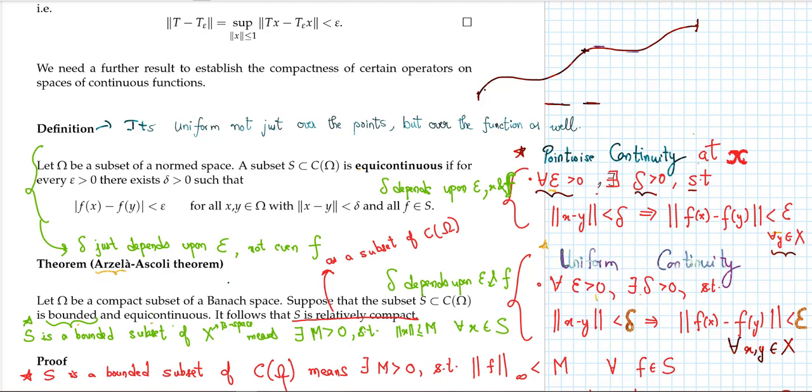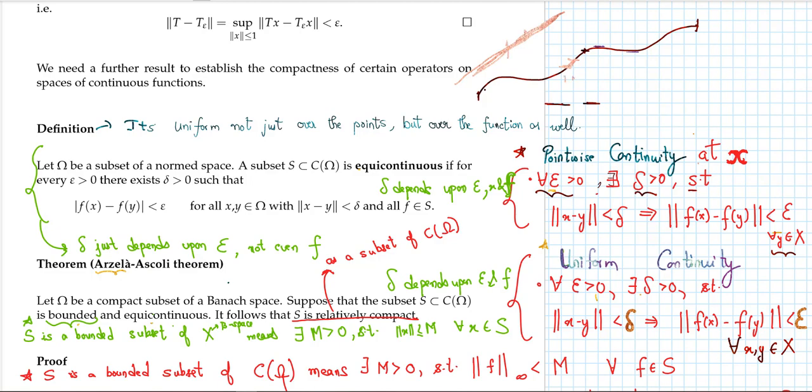Now I extend this notion of continuity. Now I say that this continuity does not depend on x at all. It is independent of x. If I look at, say, a straight line, and my artistic abilities are limited, so I'm not able to draw it straight enough. So here I had the pointwise continuity. This distance between f of x and f of y was depending on where I am.